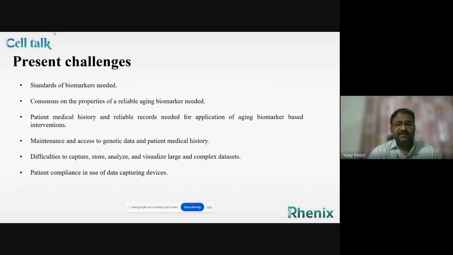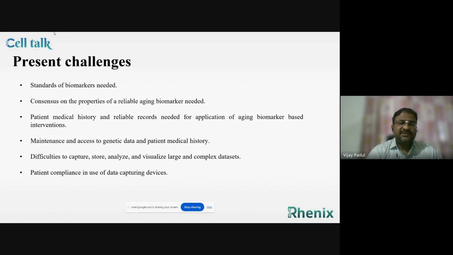And the medical history of a patient can go on for the lifetime of that individual. So for each time point, is that patient preserving the medical history, so that we will get the right information about the past of the patient, so that future interventions will be suggested depending upon reliable data? That is an important thing, and it is lacking at present.